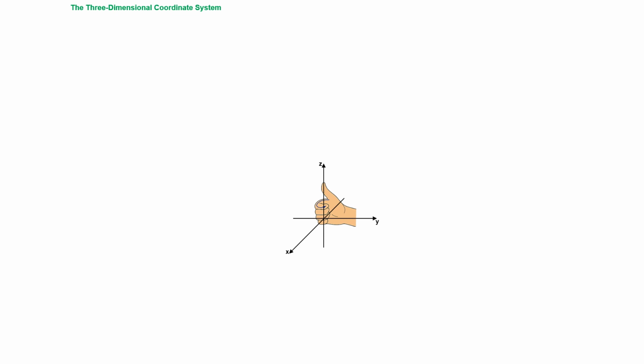We call this system the three-dimensional rectangular coordinate system. It represents the three dimensions we encounter in real life.